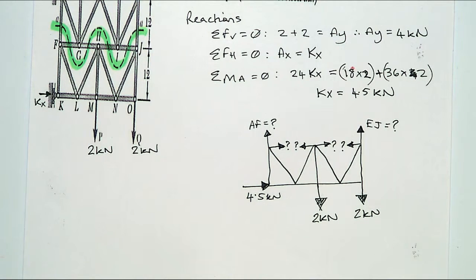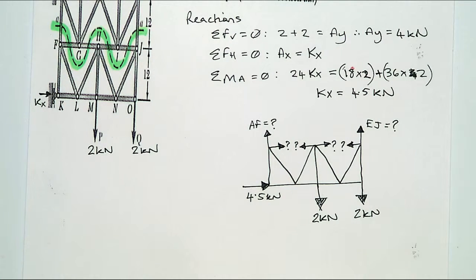But the best thing to do is to take moments about which point to try and remove most of the unknowns. If we take moments along this line here, it will take out all of those unknowns. If we take moments around this point here, we remove AJ, we remove this, remove that, remove that, remove that.